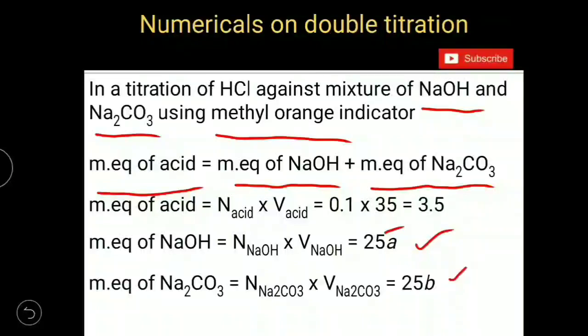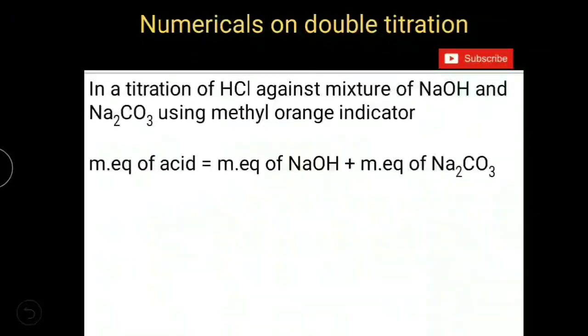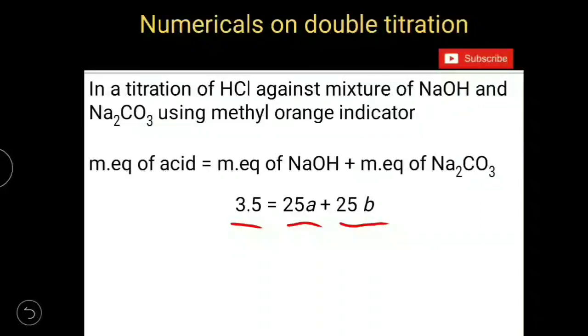Let us consider it as B. So 25B. When we substitute these values in the relation, milliequivalents of acid is 3.5, milliequivalents of sodium hydroxide is 25A and milliequivalents of sodium carbonate is 25B. Let us consider this as equation 2.